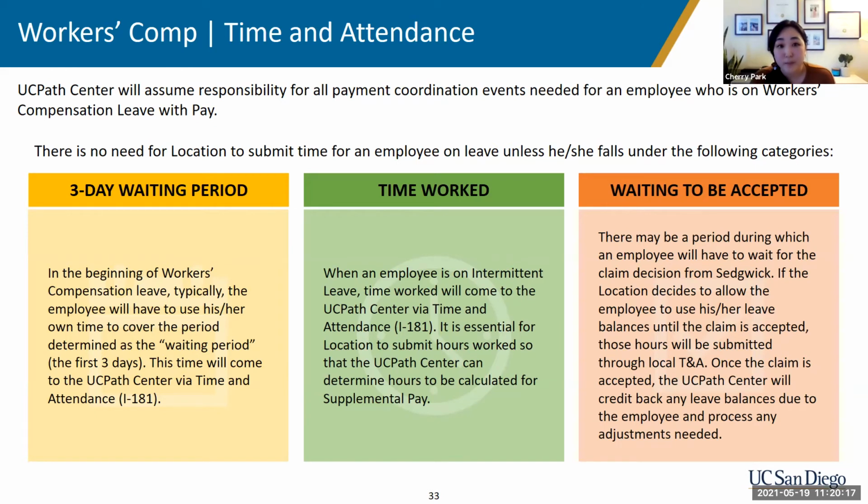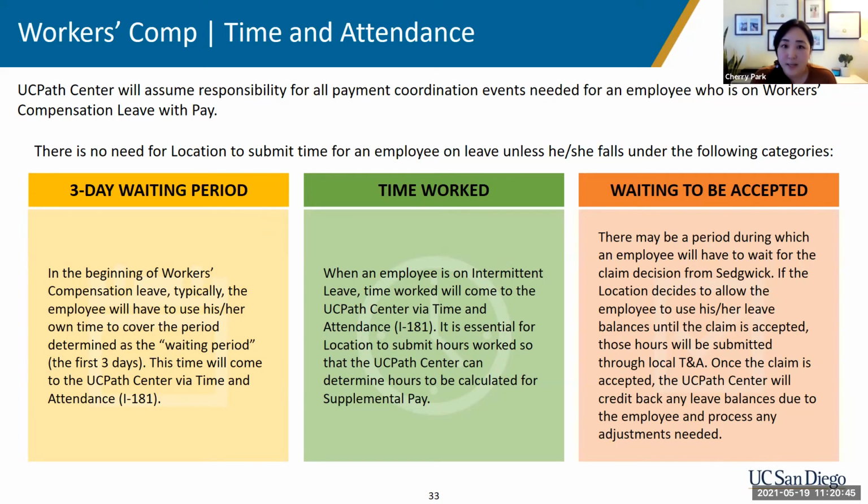Time worked. When the employee is on an intermittent leave, time worked will come to the UCPath Center via time and attendance. It is essential for the location to submit hours worked so that UCPath Center can determine hours to be calculated for supplemental pay. And waiting to be accepted. There may be a period during which an employee will have to wait for a claim decision from Sedgwick.